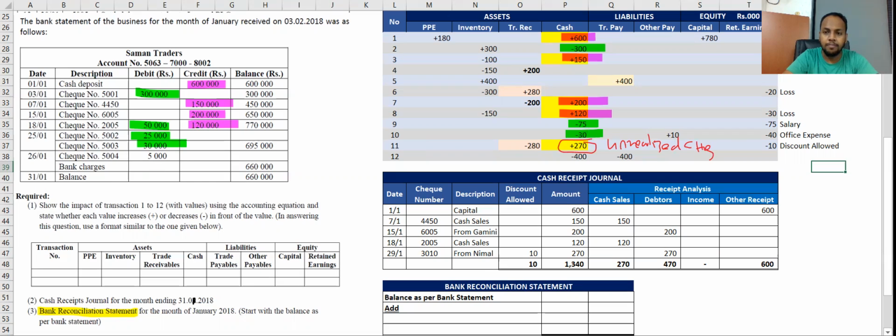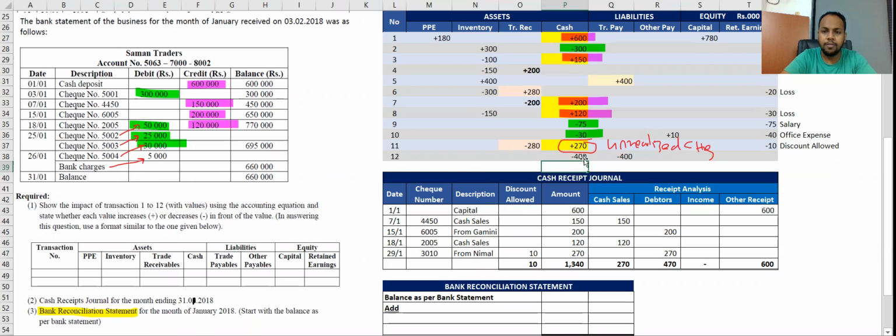And there is a small correction. This bank charges is 5,000. Typing error. Okay, so bank charges is 5,000.